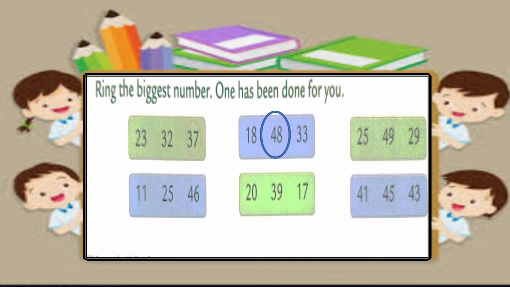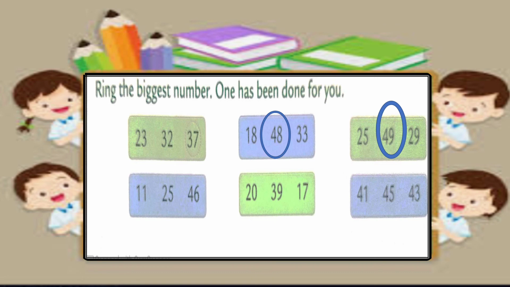Now see which is the biggest number. Is it 25, 29 or 49? What do you say? 49 is the biggest number, so we have to make a circle around it.